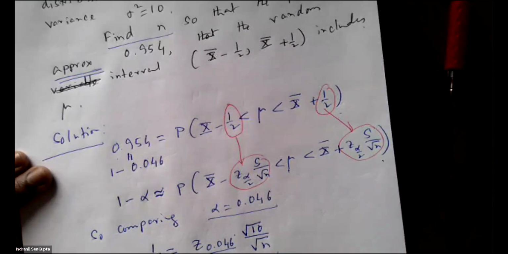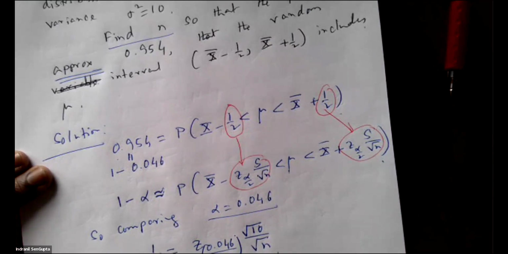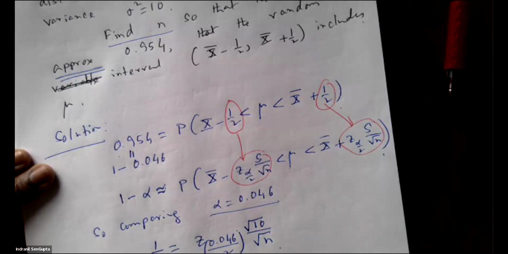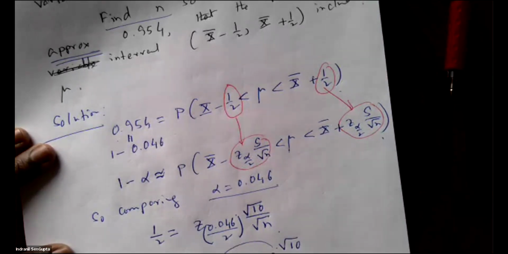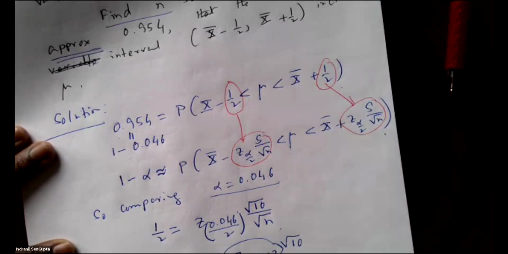Therefore, square root of n is 2 times z of 0.023 times square root of 10, since the 1/2 moves over as a 2. And z of 0.023 is 1.995 from the table.